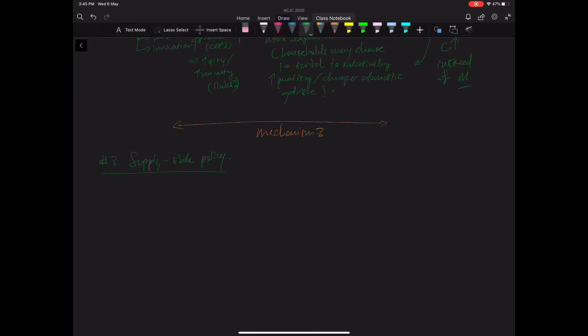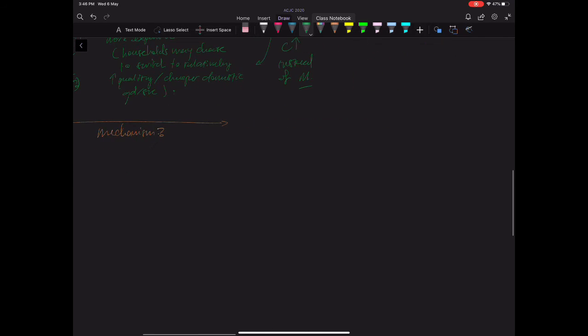Alright, that leads us very nicely into our last type of policy to improve balance of trade, which is supply side policy. And here, the objective is a bit different. Even though we know that supply side policy could still reduce import expenditure, we are trying to focus on how it may increase export revenue.